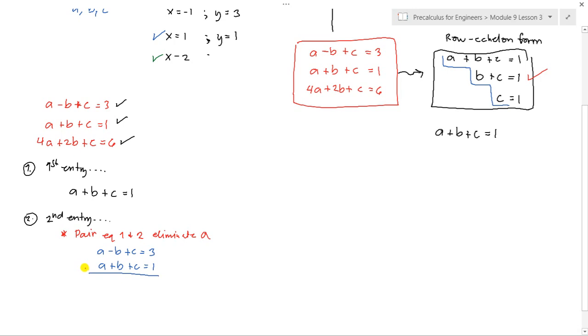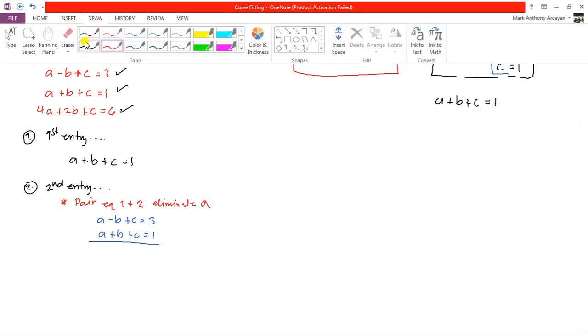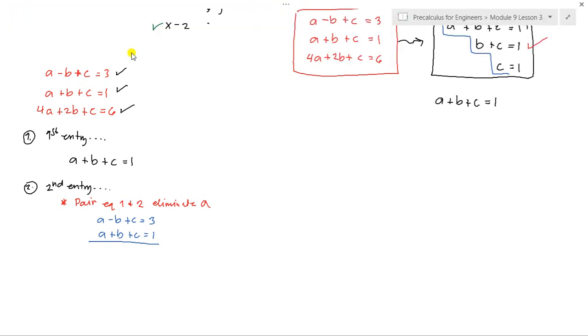In eliminating A, what is the best operation to use? What do you think, class? In order to eliminate A here, that is subtraction, right? Subtraction. So we're going to subtract.